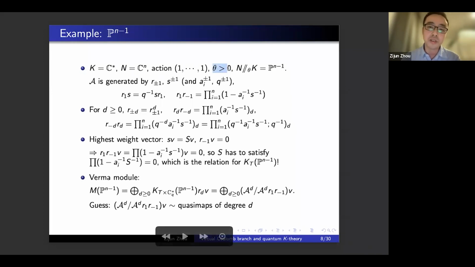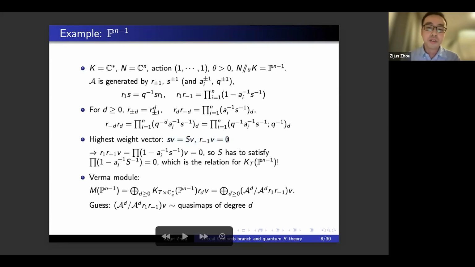So here a natural choice is that for theta greater than 0, we choose R negative 1 as the annihilating operator and R1 as the creation operator. So we define this type of highest weight vector. This S, which is in the Cartan subalgebra, acts by a scalar. This capital S, for now, you can just view as a formal variable, or just a scalar. And we claim that R negative 1 acts by 0.